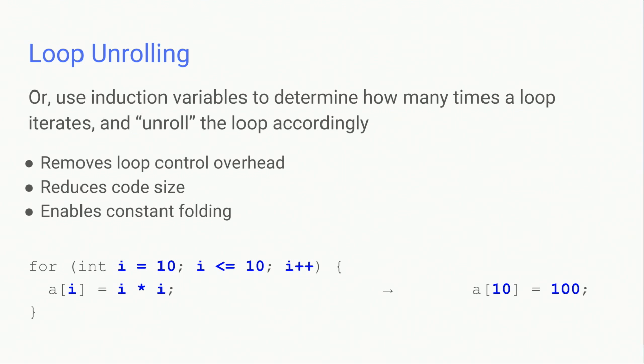So you can replace the whole loop with a single statement, and as a result you can also constant fold the multiplication and already do that at compile time. So the program will run a lot faster. Again, typical code won't optimize right away, but after inlining or other forms of specialization, these situations occur and they can help improve your performance.